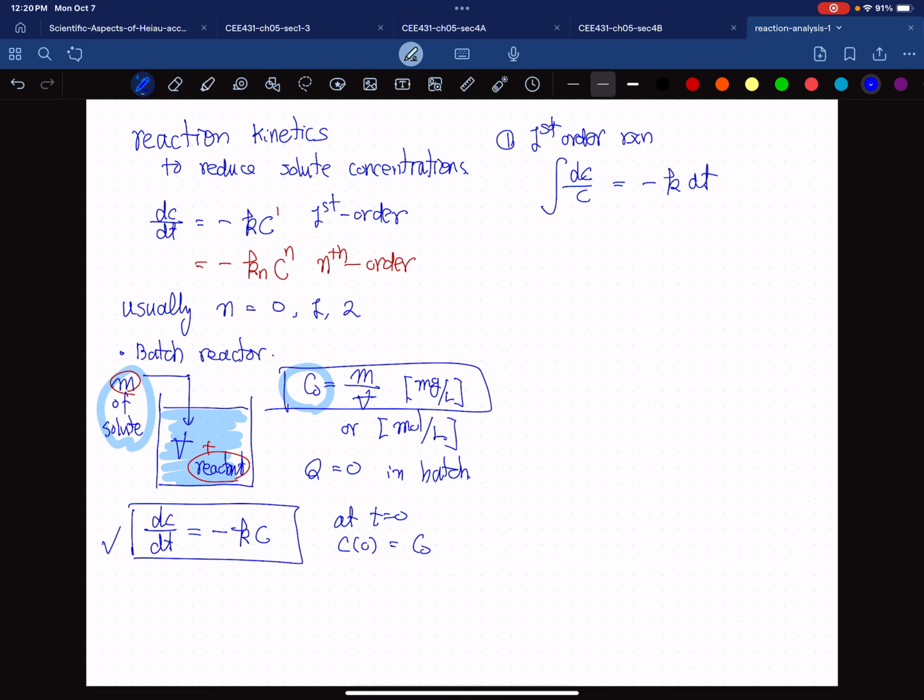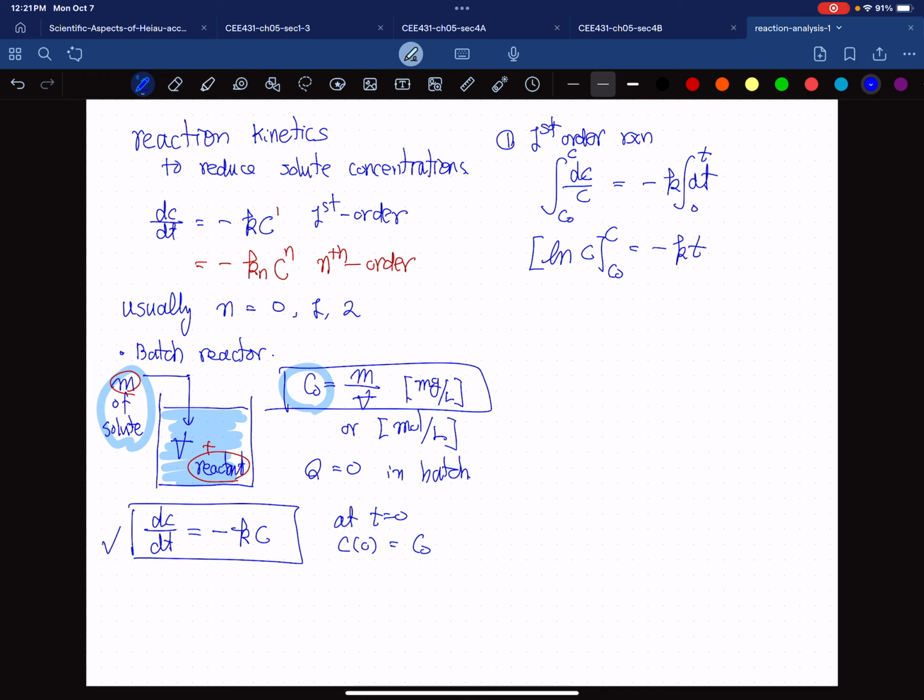Once you integrate, t is from 0 to time t, and at t equals 0, concentration is C naught. At t equals t, you have a certain concentration C. If you integrate the left hand side, that will be natural log of C from C naught to C. And then the right hand side is nothing but kt.